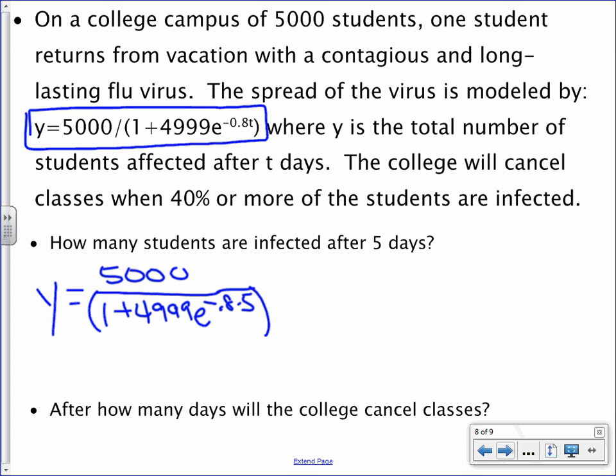You got 54? Like exactly? Yeah, 54.01. That's a lot of people to get sick in 5 days, don't you think? One person is sick, 5 days later, 54.